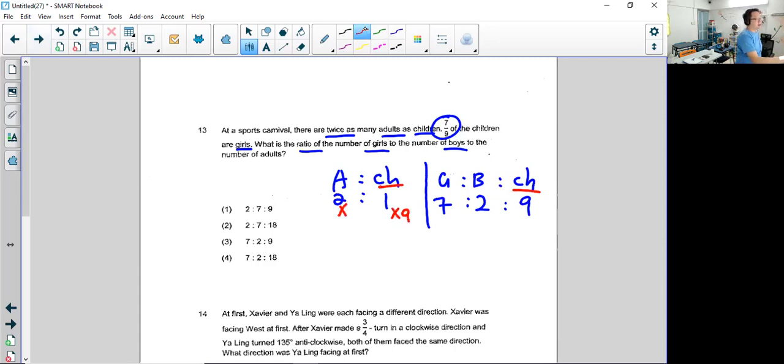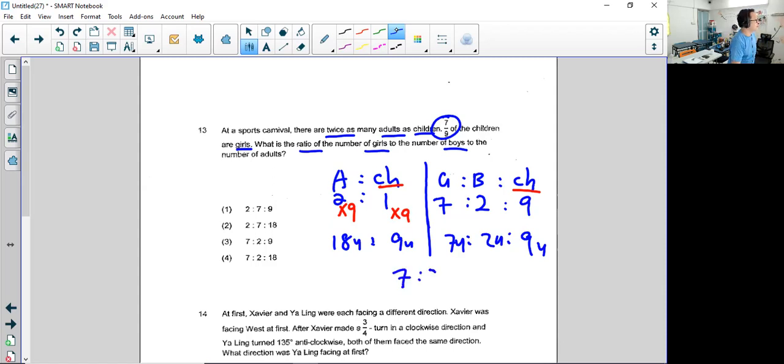So you times 9, and you will get 18 is to 9, and 7 is to 2 is to 9 also. Once you make them equal, you can call them units. So what is the ratio of girls to boys to adults? You have 7 is to 2 is to 18. So answer number 4. Question 13, answer 4.